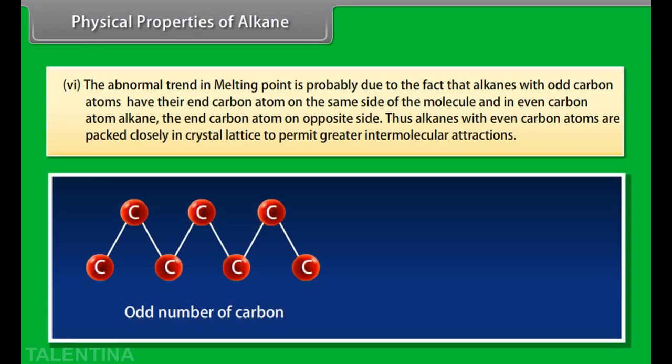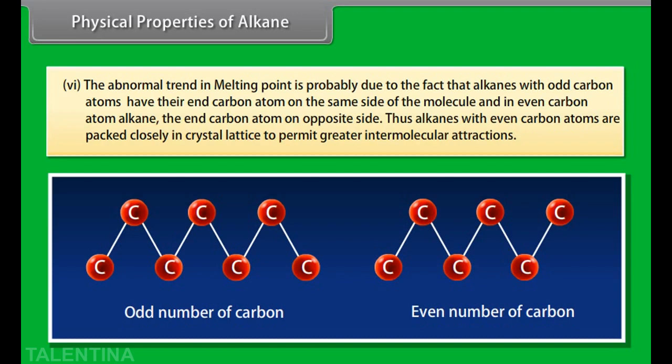The abnormal trend in melting point is probably due to the fact that alkanes with odd carbon atoms have their end carbon atoms on the same side of the molecule, and in even carbon alkanes, the end carbon atoms are on opposite sides. Thus, alkanes with even carbon atoms are packed closely in the crystal lattice to permit greater intermolecular attractions.